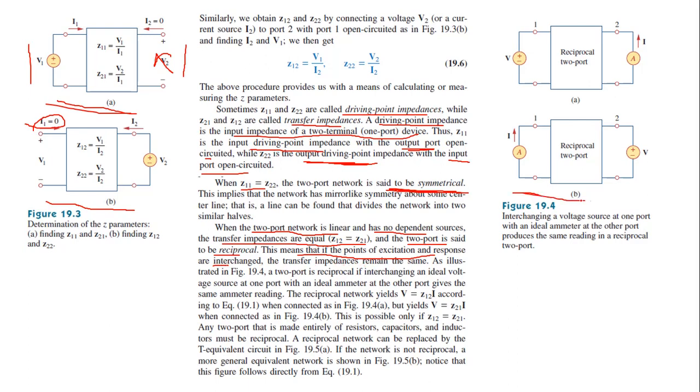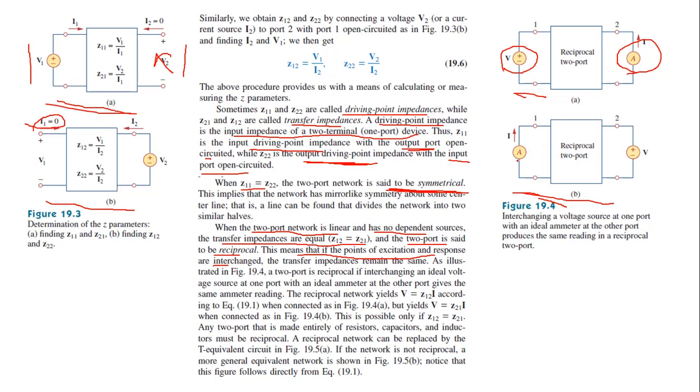Now look at this diagram. In the first diagram, you can see that the input terminal is connected to a voltage source and the output is measured across the other terminal. Now look at the second one. Here the voltage source and ammeter are interchanged.